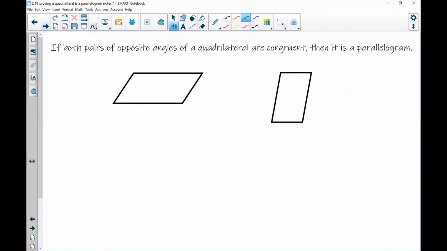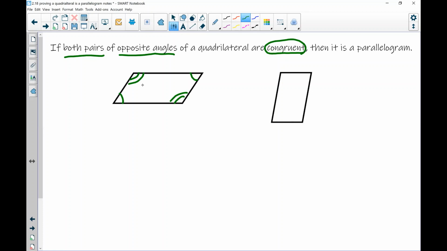The next way you can prove a quadrilateral is a parallelogram is if both pairs of opposite angles of a quadrilateral are congruent. So both pairs of our opposite angles have to be the same. The ones on this diagonal have to have the same markings or the same number, and the ones on the other diagonal also have to have the same markings or the same number.